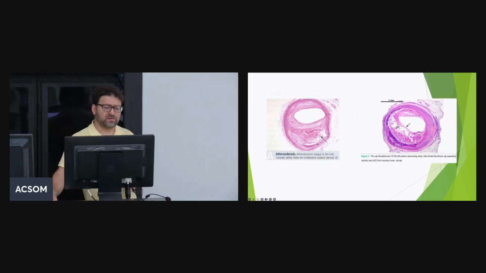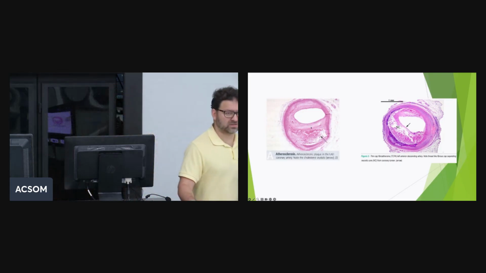So, the difference between stable plaque and unstable plaque: look at this thick fibrous cap. Look at this thin fibrous cap. This will cause you what entity? What clinical entity?